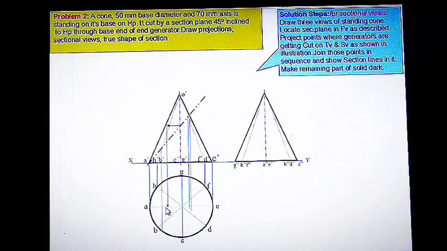This distance can be marked in the top and bottom directions for getting the respective points which the cutting plane intersects with this particular generators on the two sides, that is front and back. So the generators OG and OC getting intersected with this cutting plane at a distance which is equal to this distance.